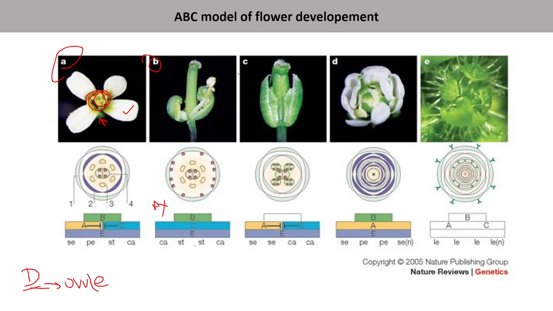Now if you see the C figure, we are removing the B gene. That means the phenotype which requires the expression of A and B, or B and C genes, will not happen in this case. So here only sepals and gynoecium will be formed.